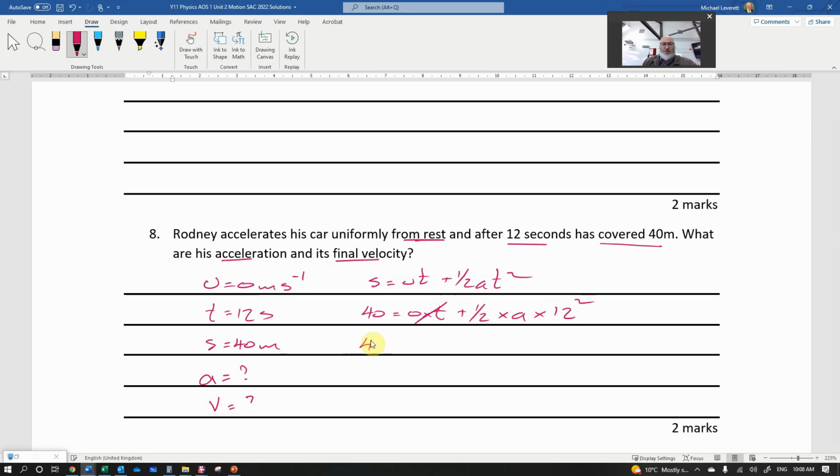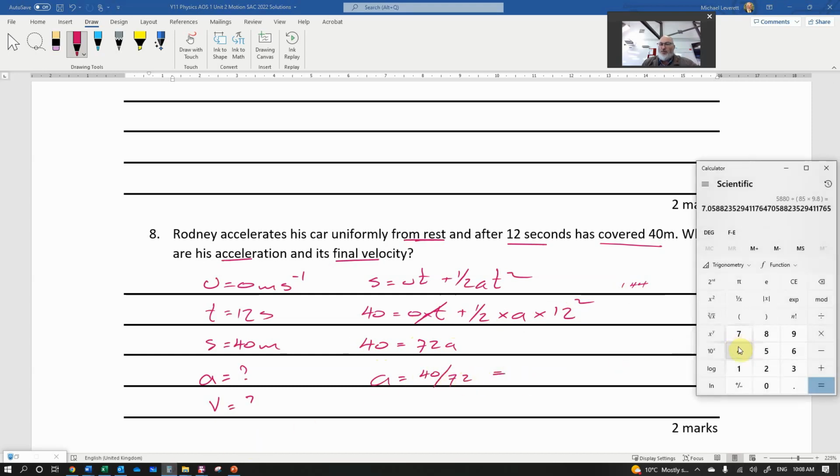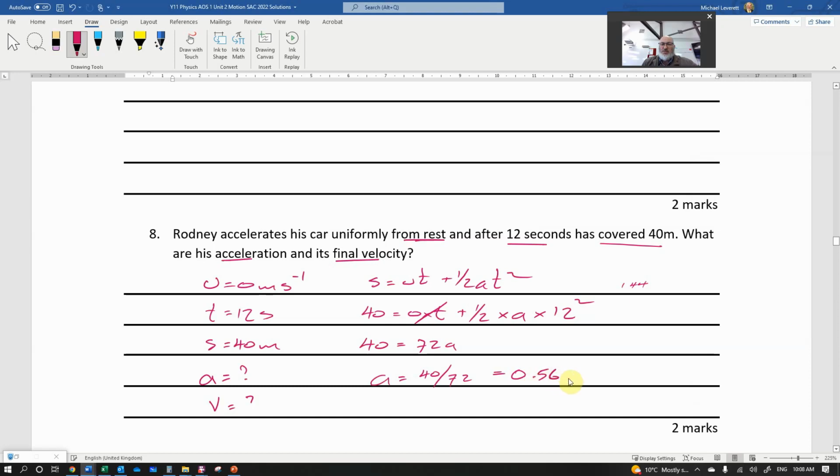So therefore we have 40 equals 12 squared is 144. Half of that's 72, 72A. So A equals 40 over 72. 40 divided by 72. And that's equal to 0.56 metres per second squared.